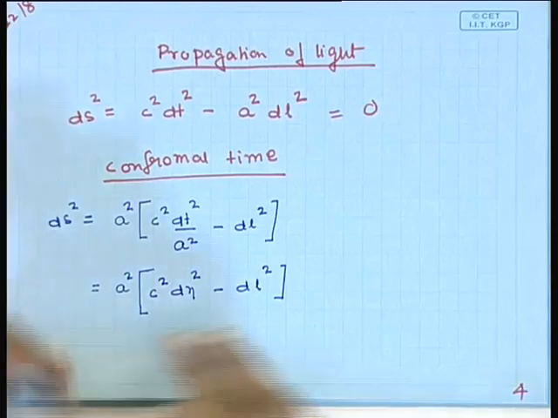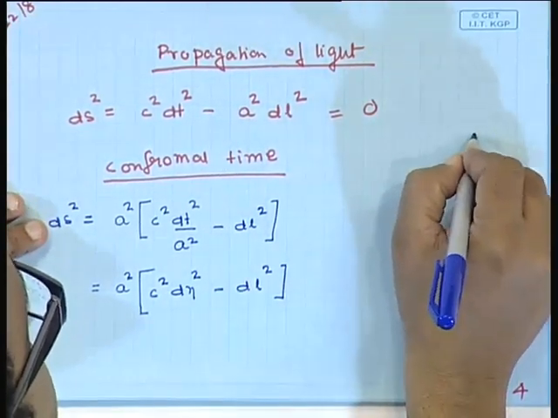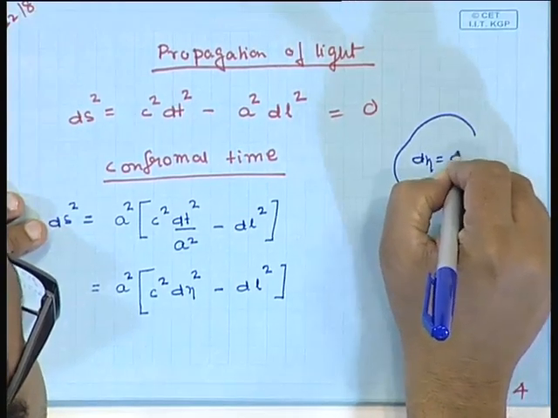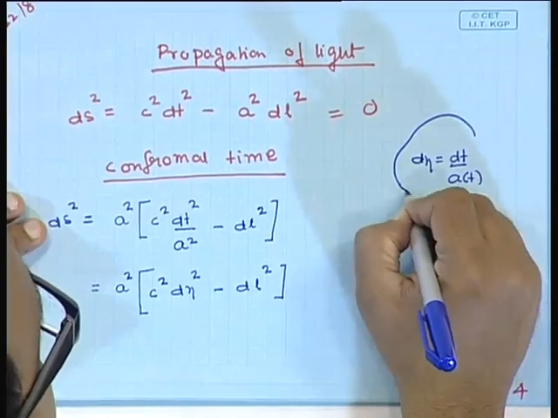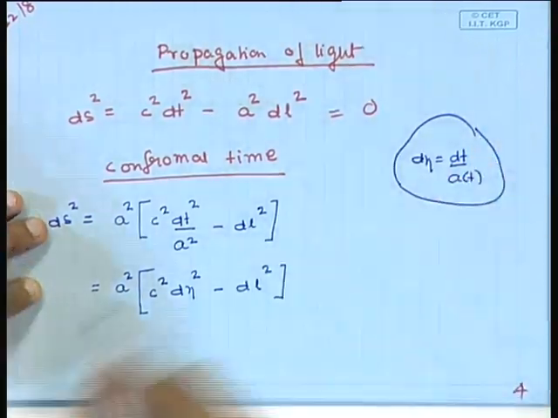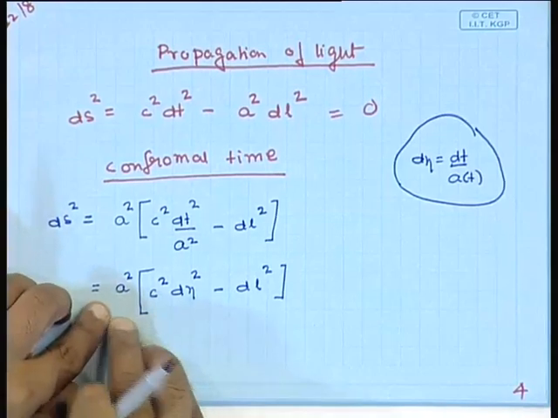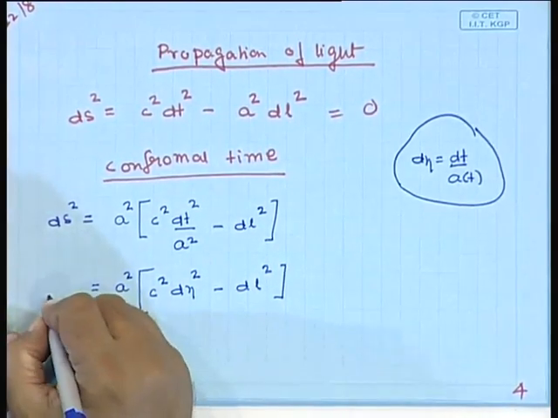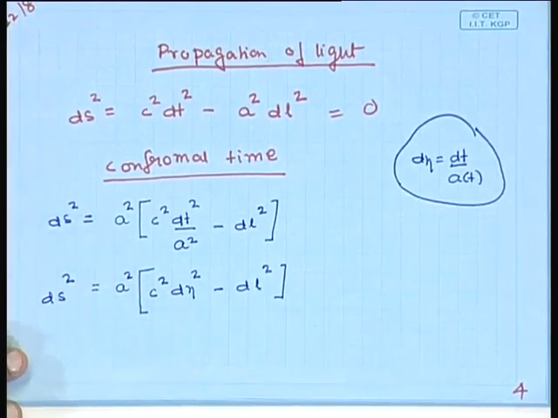So, d eta is defined, let me put the definition here, d eta is dt by the scale factor a(t). This is how the conformal time is defined, right. We have taken the scale factor outside. Now, this is how the line element is written in terms of the conformal time.